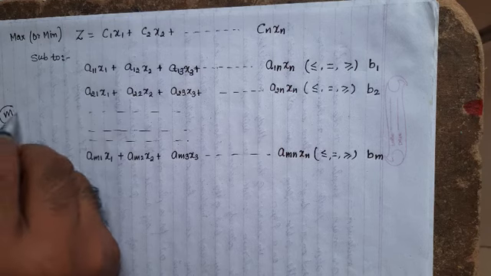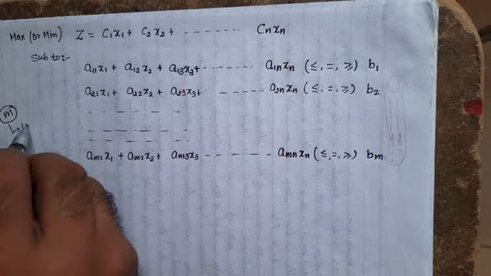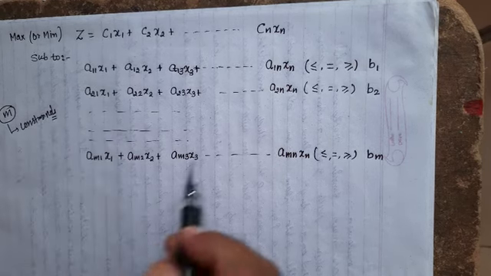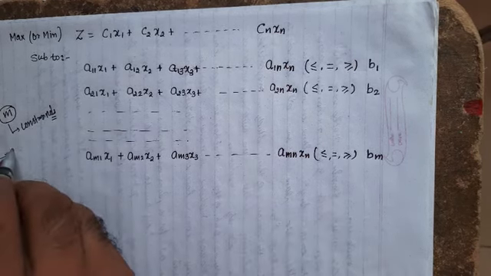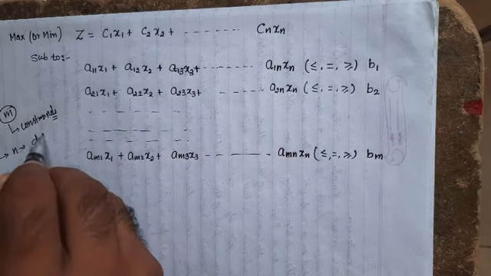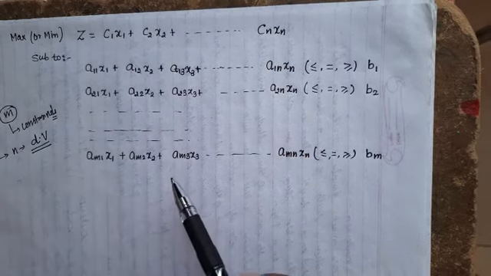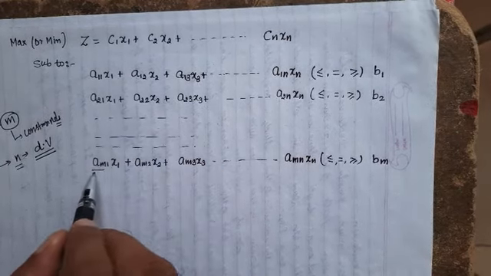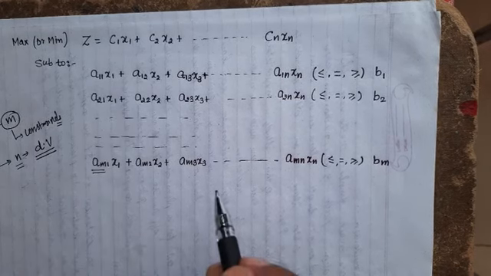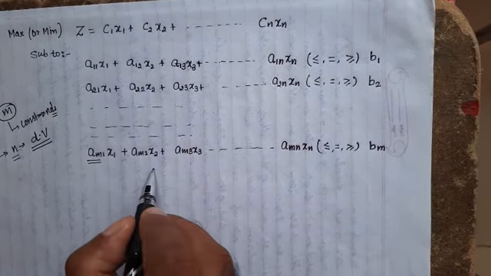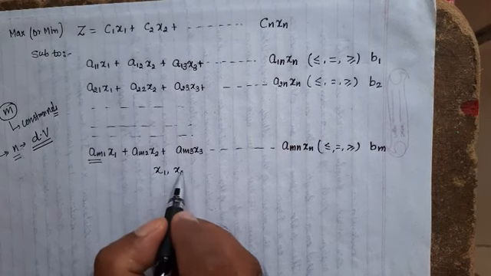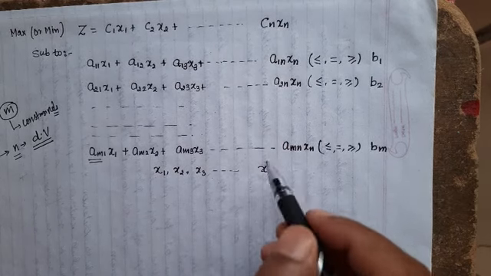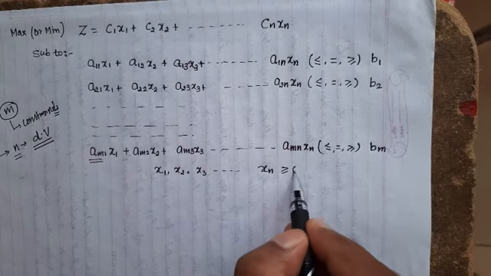There are m constraints, and the number of decision variables is n. The number of decision variables is n, and the number of constraints is m. Finally, the non-negativity of the variables: whatever the values of x1, x2, x3 up to xn, they will be greater than or equal to 0.